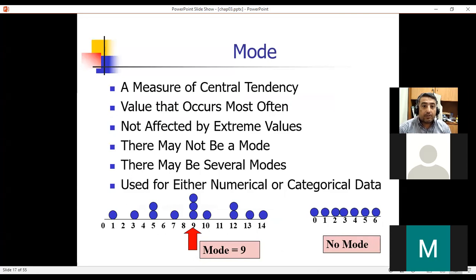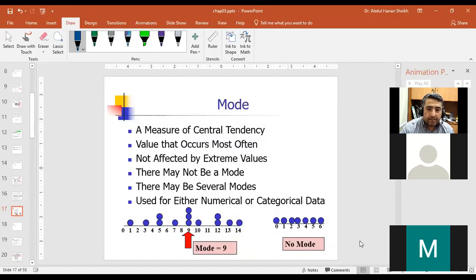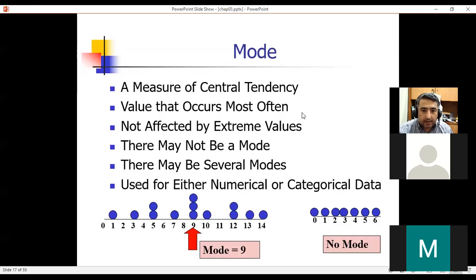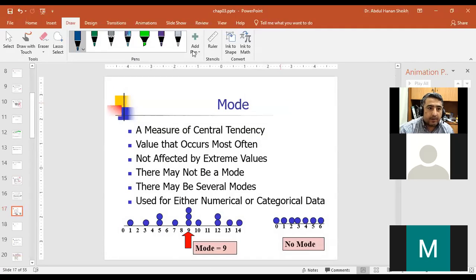So, mode is another type of measure of central tendency, not exactly central tendency, but a measure of the data that gives some kind of information about it. This is how it is computed: just locating the value that occurs most often.